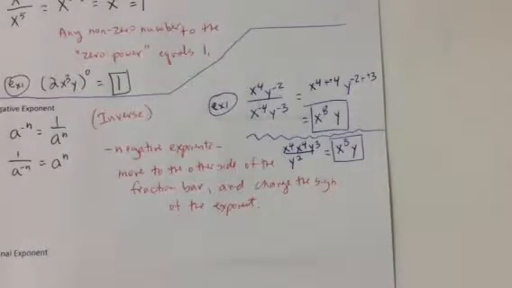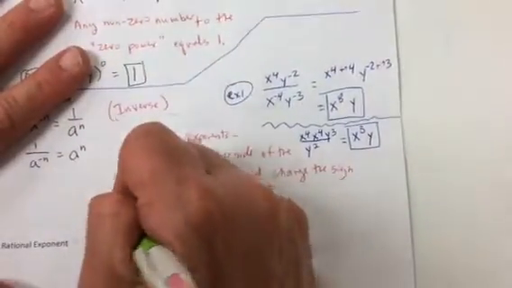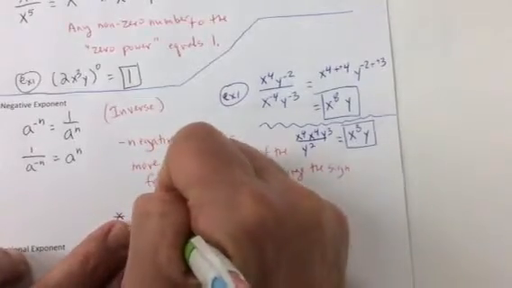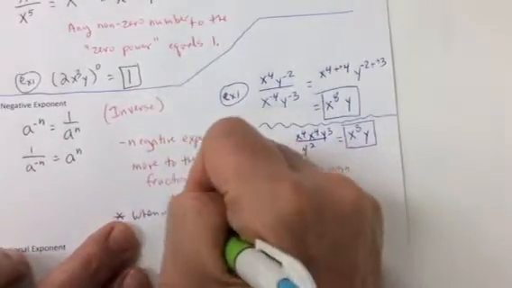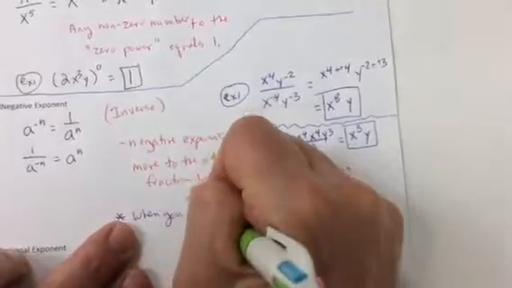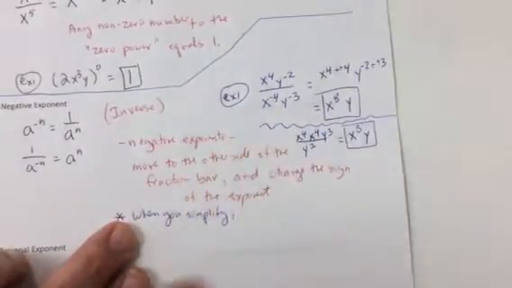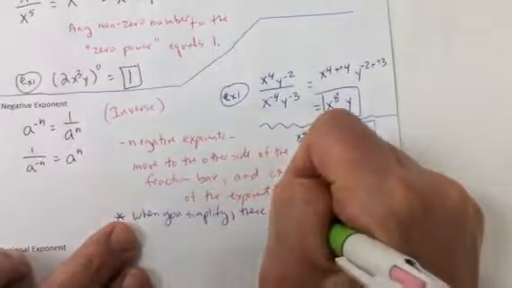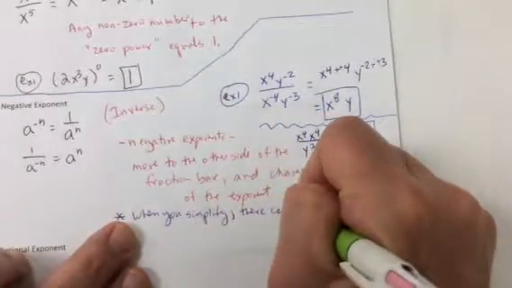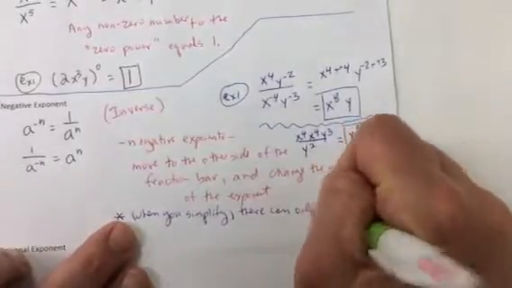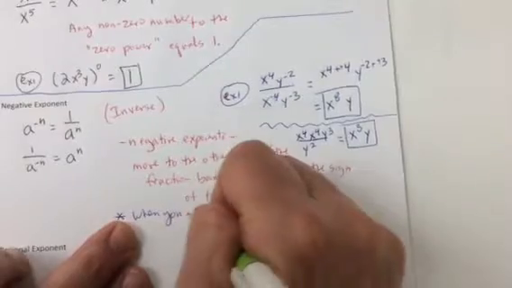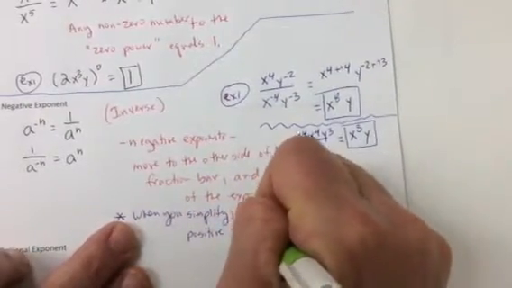There is only one more thing that I want to add, and this becomes extremely important. And that is when you simplify and you're dealing with exponents, there can only be positive exponents.